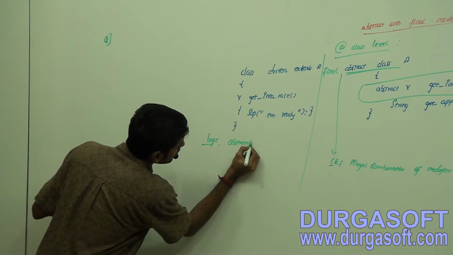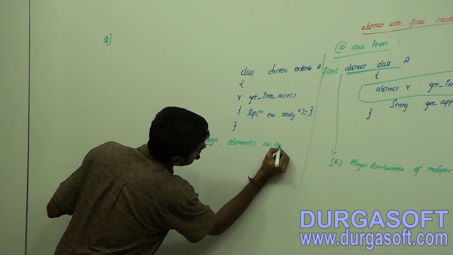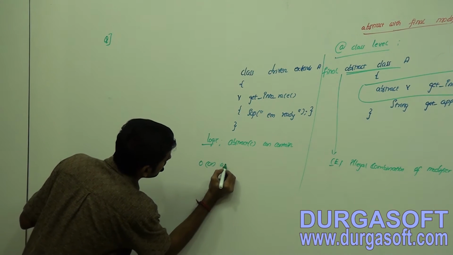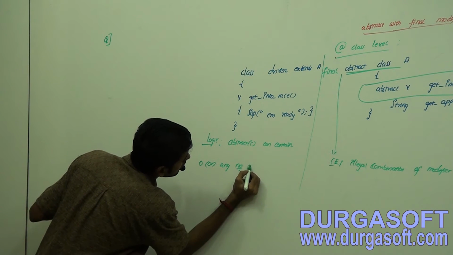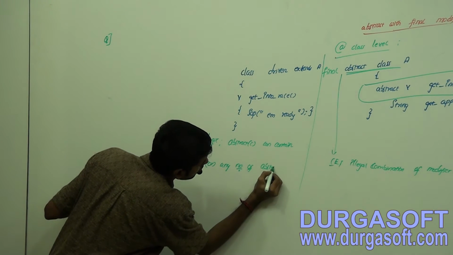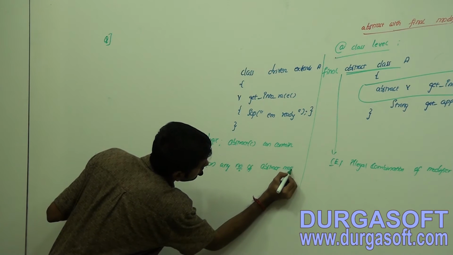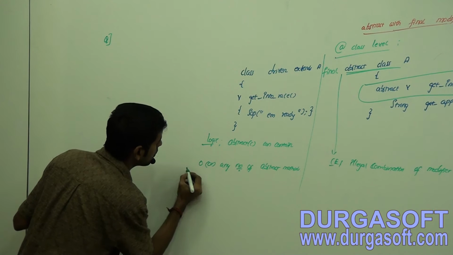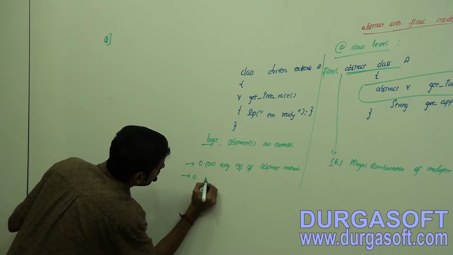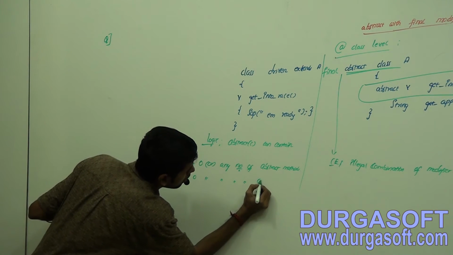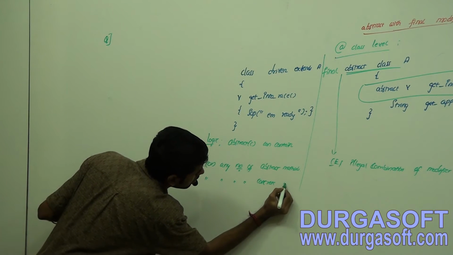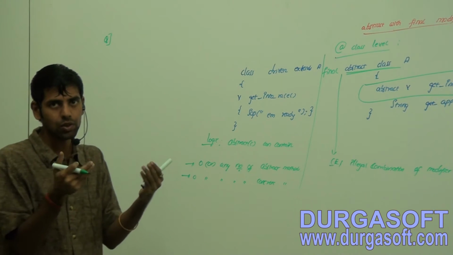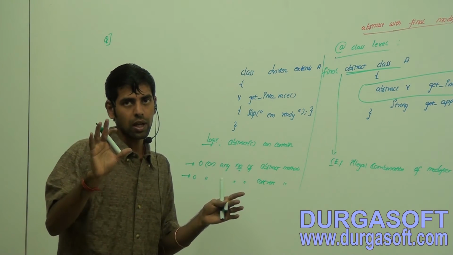An abstract class can contain 0 or any number of abstract methods. And also it can contain what? 0 or any number of concrete methods, friends. You guys are aware of all of these things. Thing is what? You have to manage, you have to synchronize them.